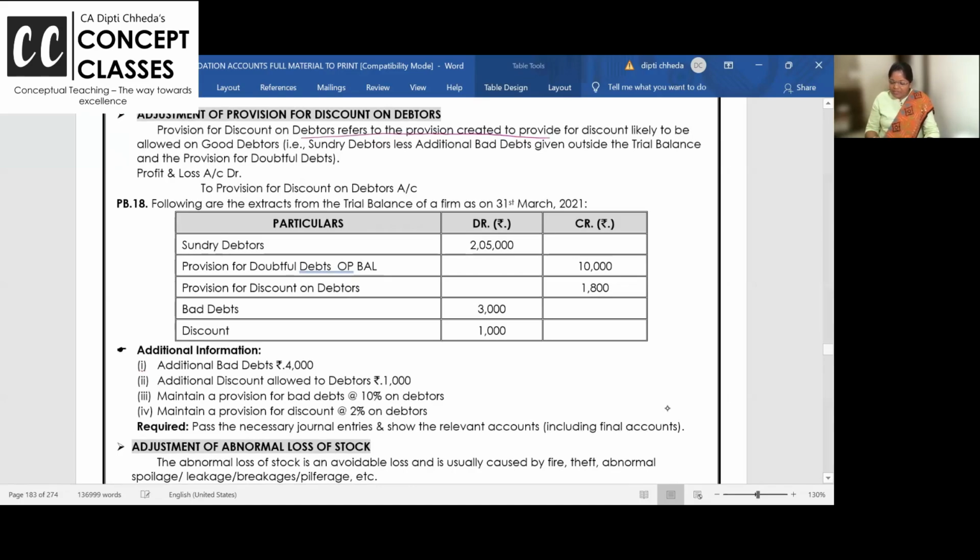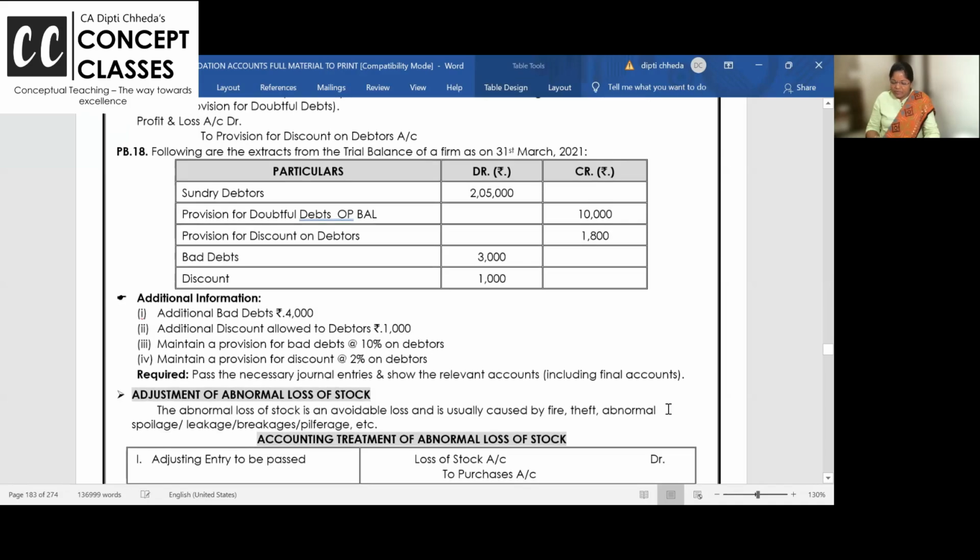Following are the extracts from the trial balance of a firm as on 31st of March. Debtors, provision for doubtful debts, provision for discount are already given to you. Bad debt is given, actual discount is given. So you make a provision for bad and doubtful debts.